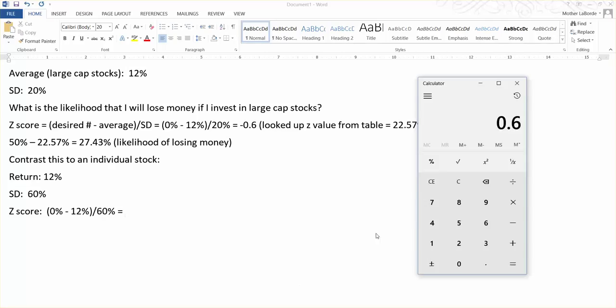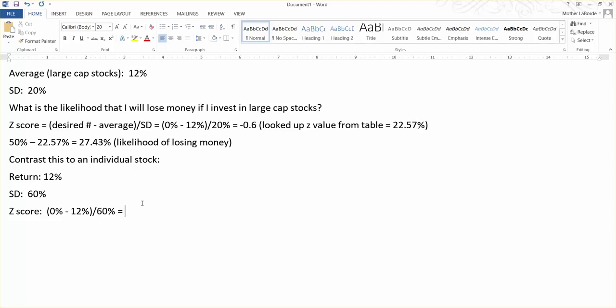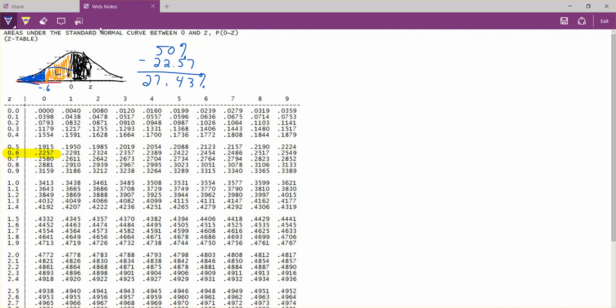That's going to give me 12 divided by 60, 0.2. Again, minus 0.2. So I would pop over to the Z table, go down to the 0.2, so there's 7.93%.